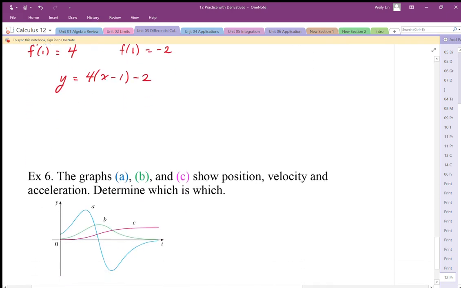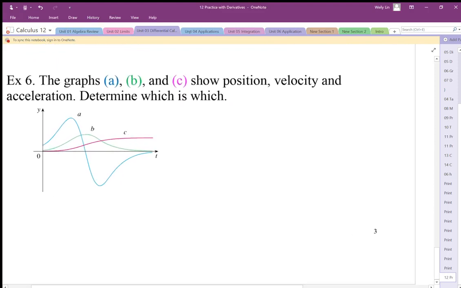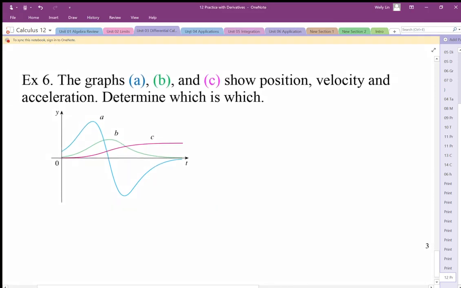The last part of this is just relating the shapes of the graph to the derivative, the original function, and the second derivative, or in this case, the velocity, position, and acceleration. The key to this problem is to recognize that there is a 0 here that relates to a horizontal tangent here.